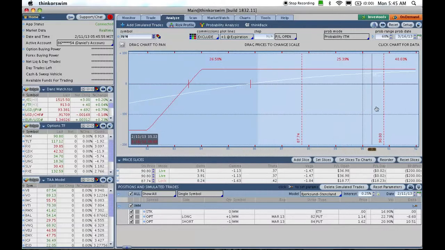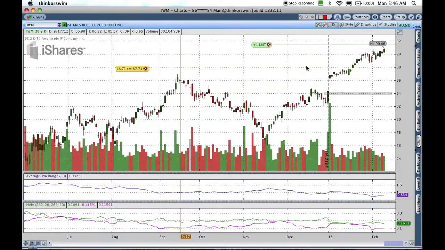And right now, price is up here at 90.80, and that level we were talking about on the chart was down here at 87.74. So even if price goes all the way down to that 87.74 level, let's just take a look at it again, that's this level here. This is where we're going to say, trend has reversed and we need to get out of this position.